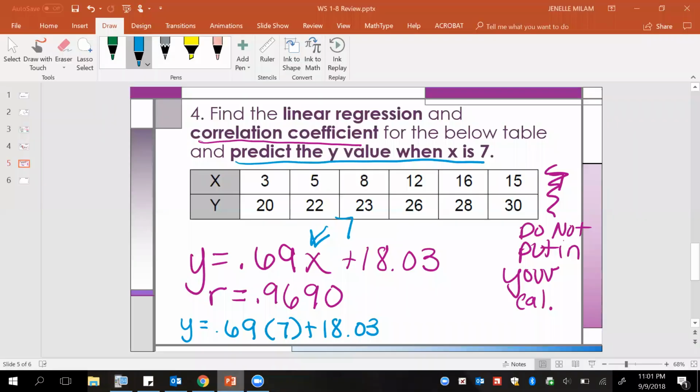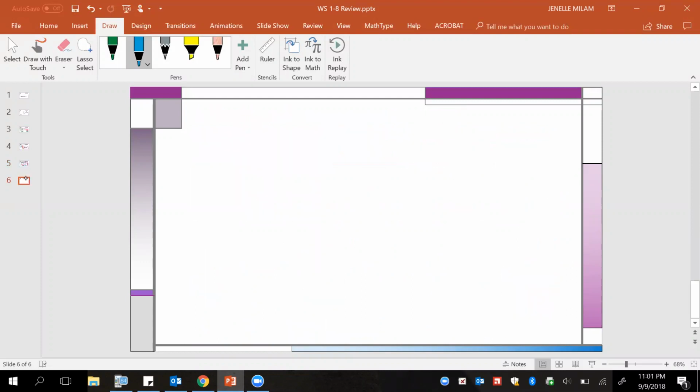Your answer is going to be 22.86. Now, what if they said round to the nearest tenth? That's 1 decimal place, so this would actually be 22.9.